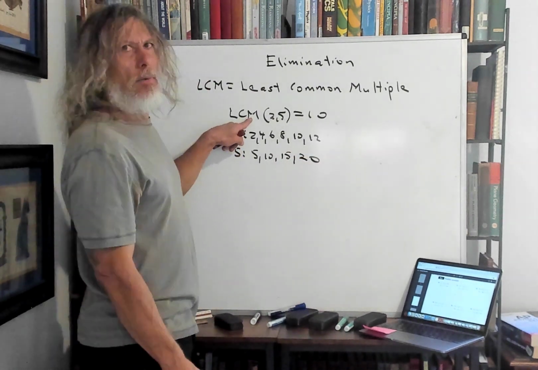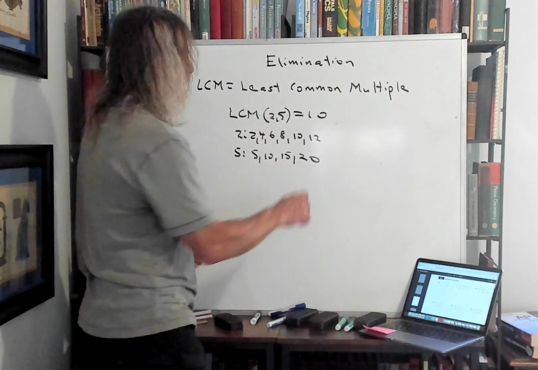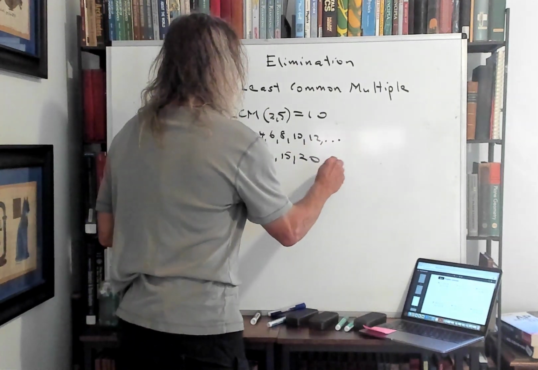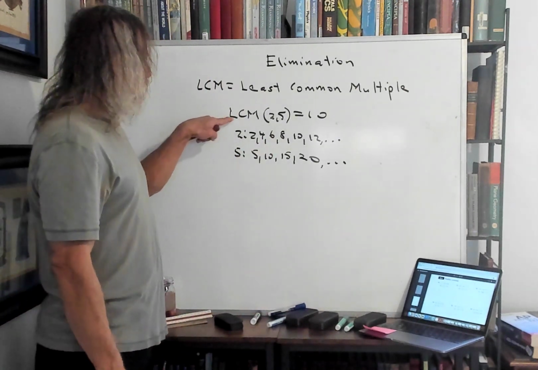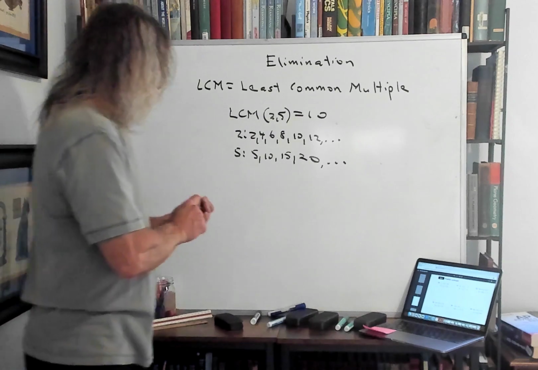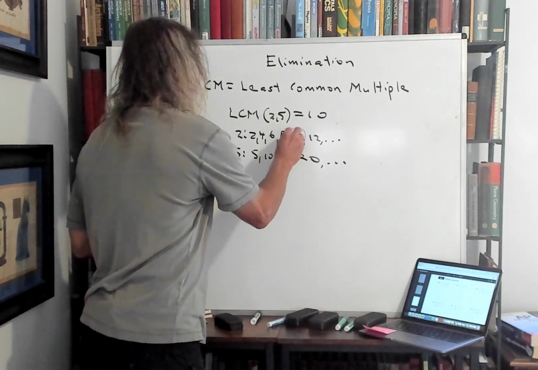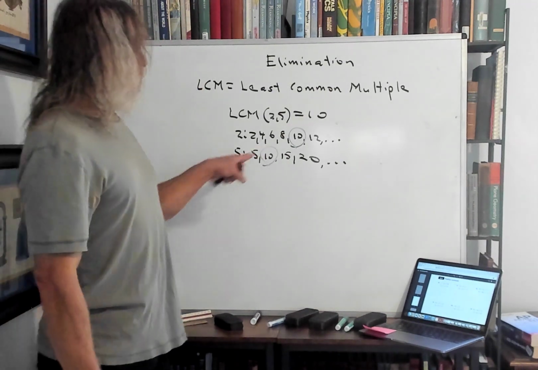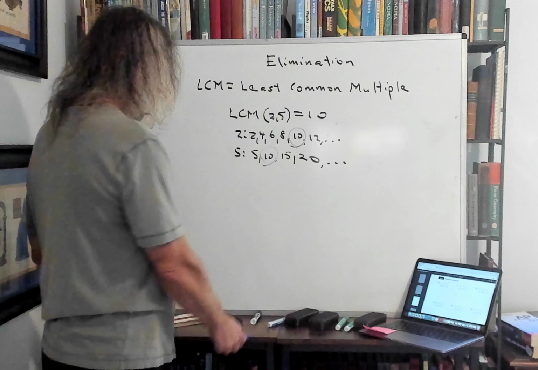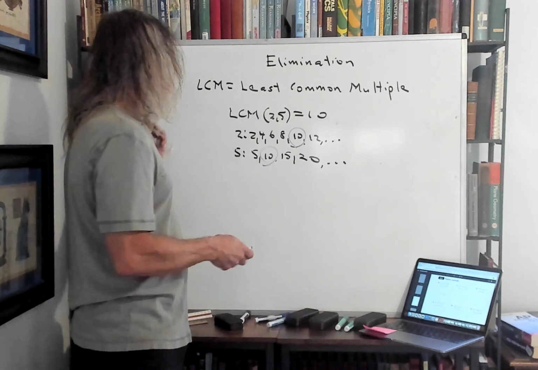So those are the multiples. And there's a bunch they have in common because it keeps going, infinitely many. We want to get the first one in the list, the smallest of all of them, and the smallest one is 10. That is the smallest of all the multiples, smallest they have in common. So that's the idea.